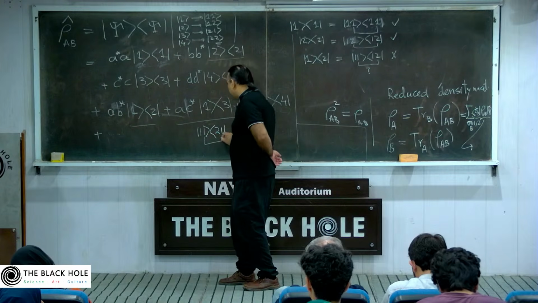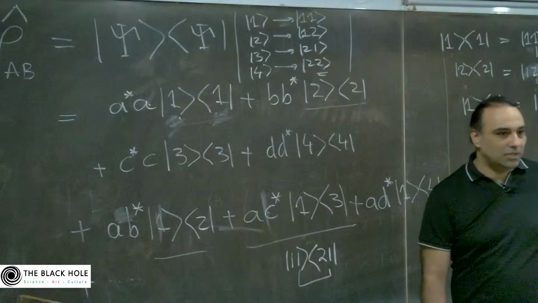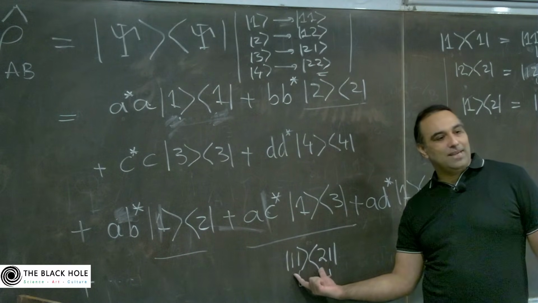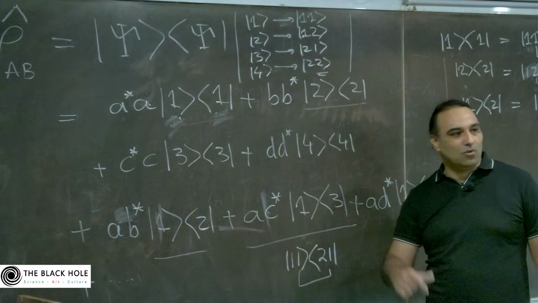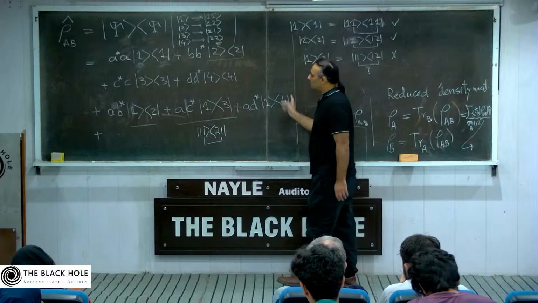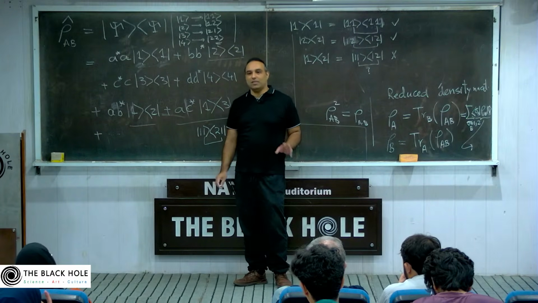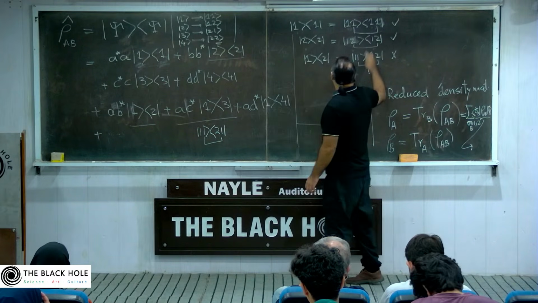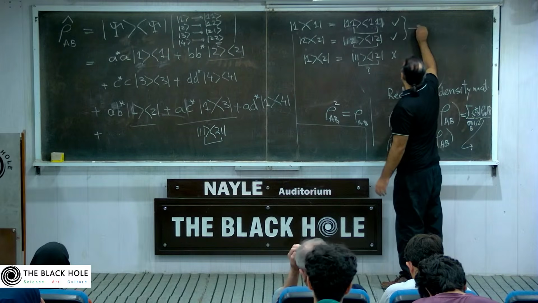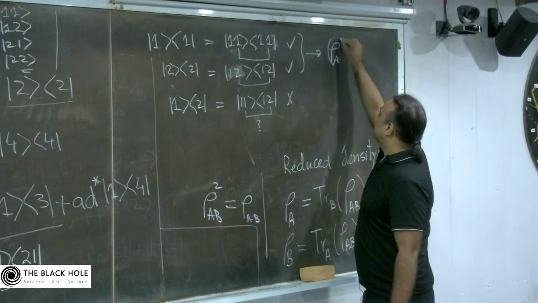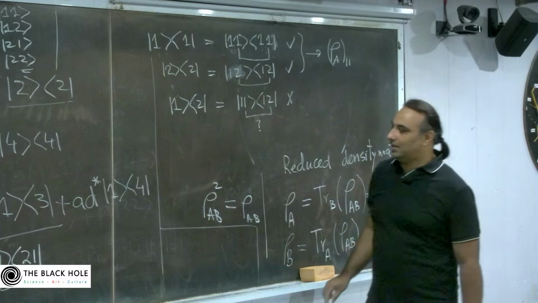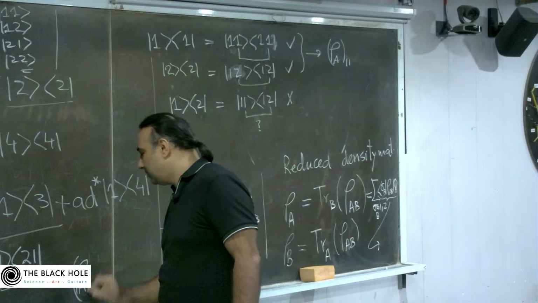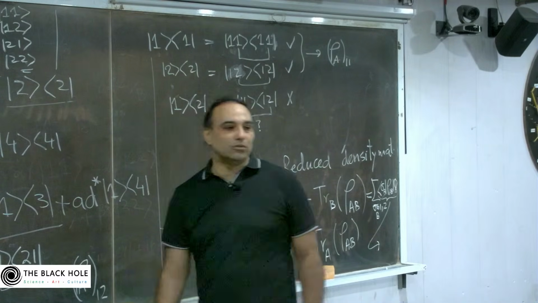It's diagonal in B, so it will contribute, but it's the 1 2 matrix element of row A. So these terms, when they contribute, can contribute to different matrix elements. So these two will contribute to row A 1 1, but this will contribute to row A 1 2.